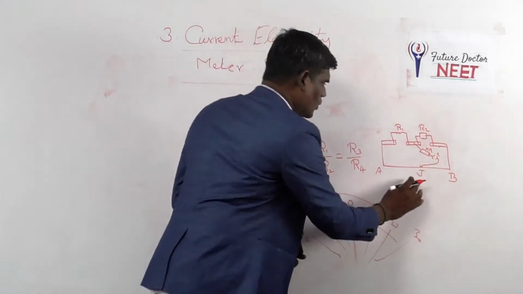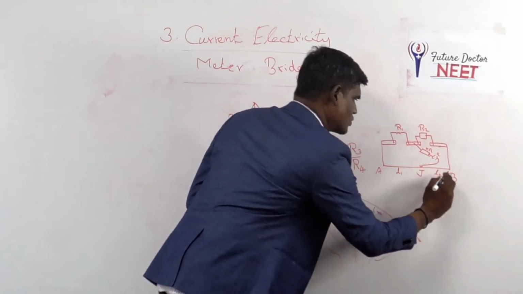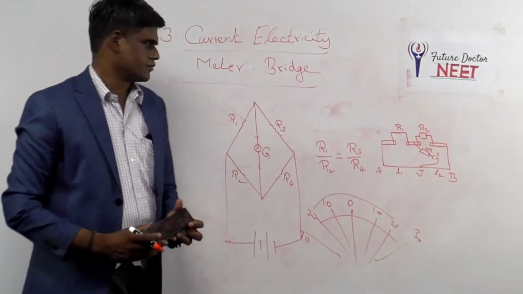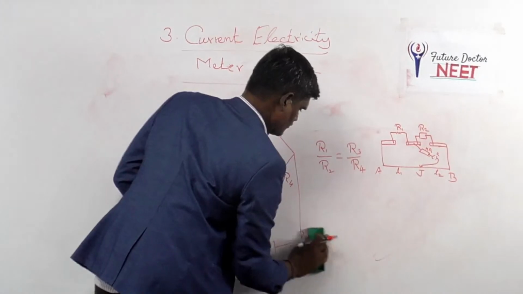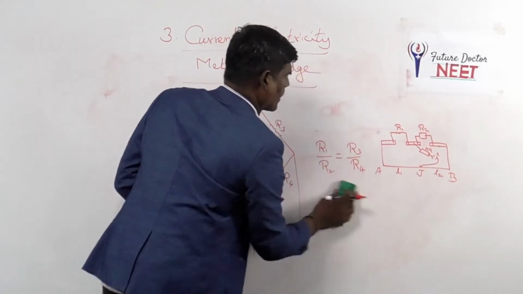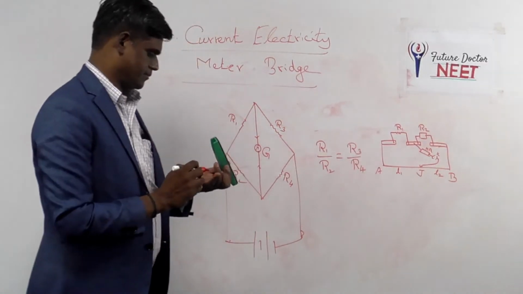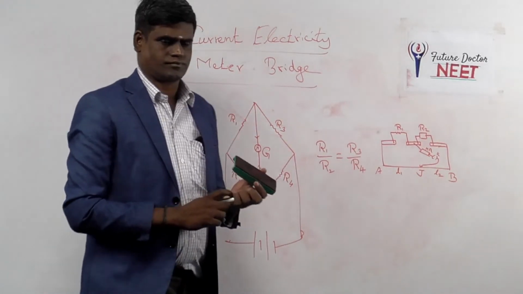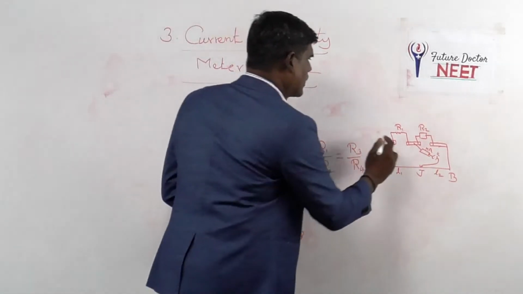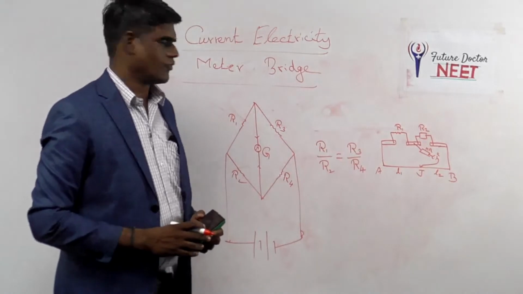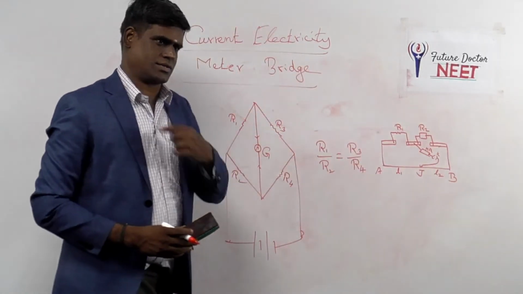And A to J, that distance will be L1 and J to B will be L2. Okay. So R1 is the unknown resistance and R2 is a known, fixed resistance.